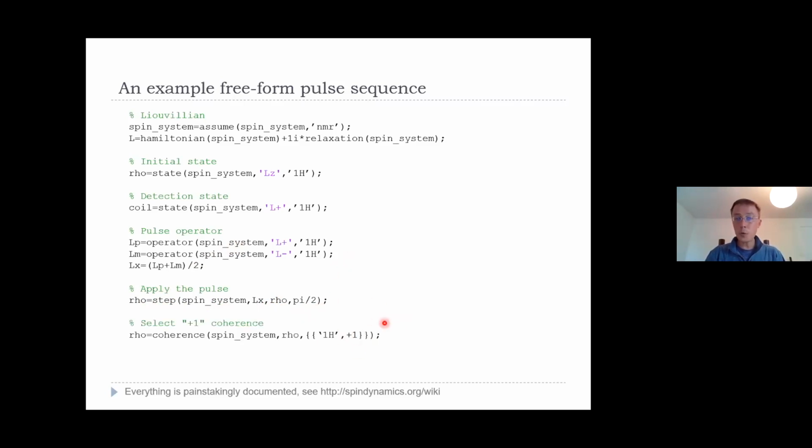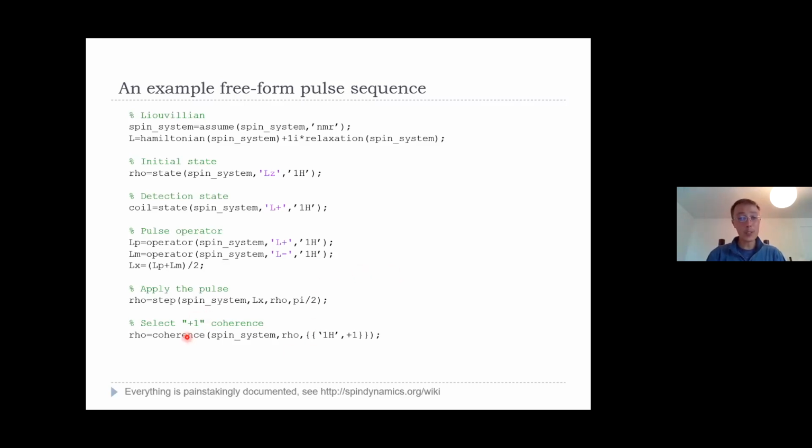Then if we want to tidy up the mess, for example, if it's a part of a bigger sequence, a coherence order filter. In a spectrometer, you would need to make a phase cycle. That's a long story, but in a simulation, of course, we have direct access to the state. And if we don't like a particular coherence, we can just zero it out.